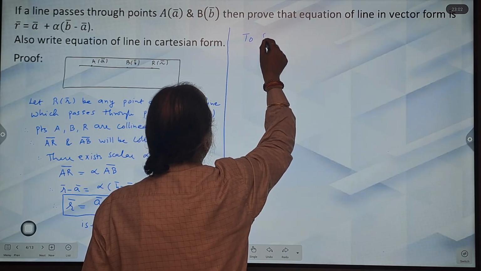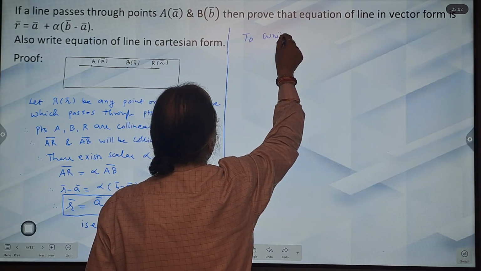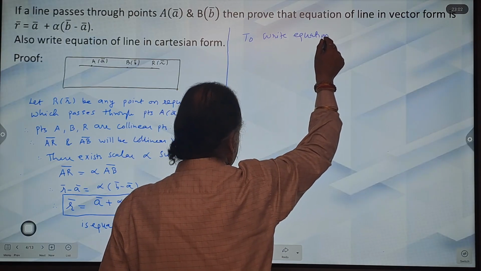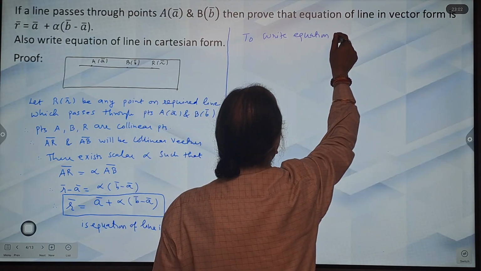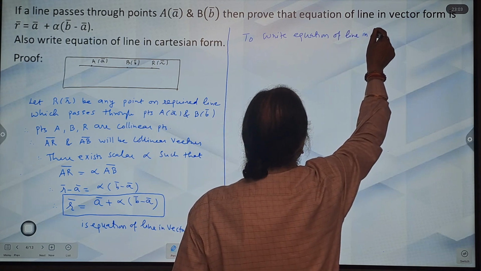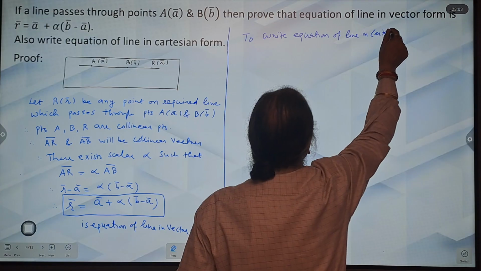To write equation of line in Cartesian form.